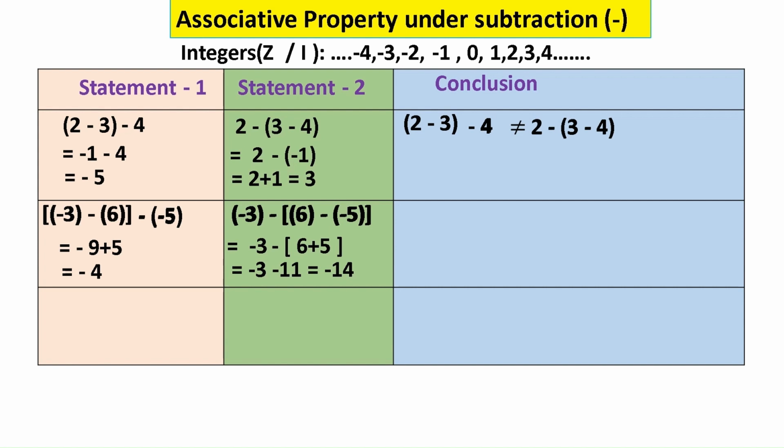Now from these two statements we conclude that minus 3 minus 6 minus of minus 5 is not equal to minus 3 minus of 6 minus of minus 5.